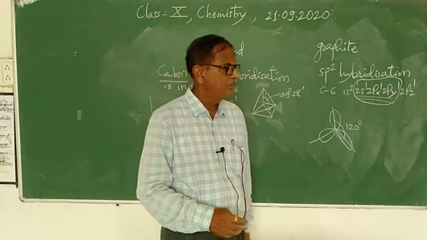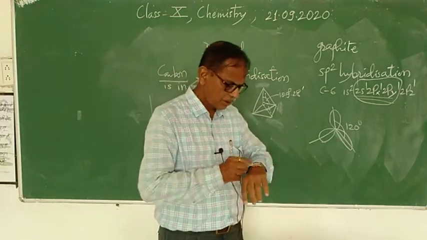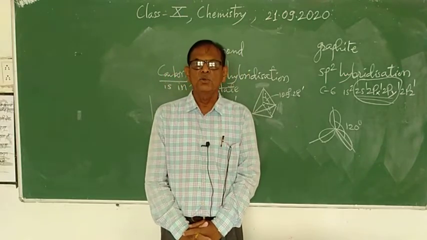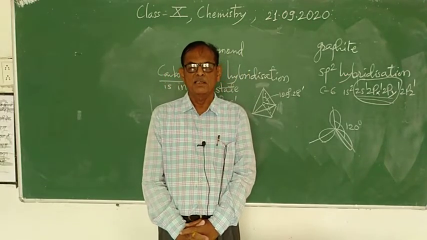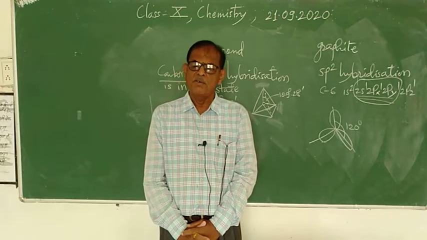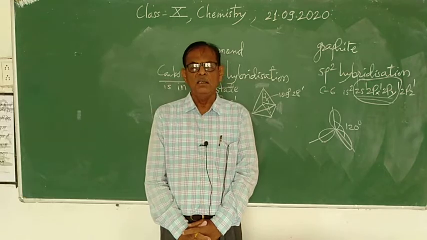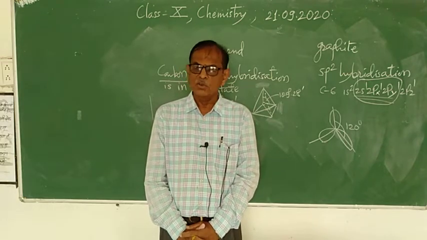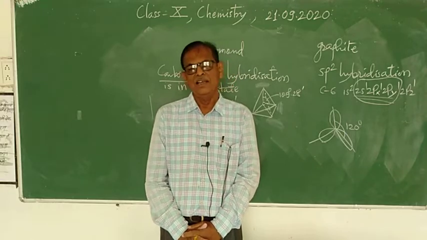And in this way, graphite is a good conductor and diamond is a bad conductor. Diamond is the hardest substance, having high melting point and boiling point, and we use graphite as electrode in electrolytic cell.